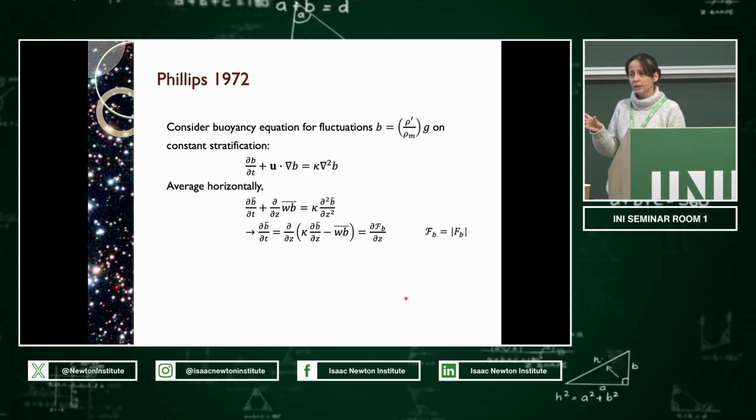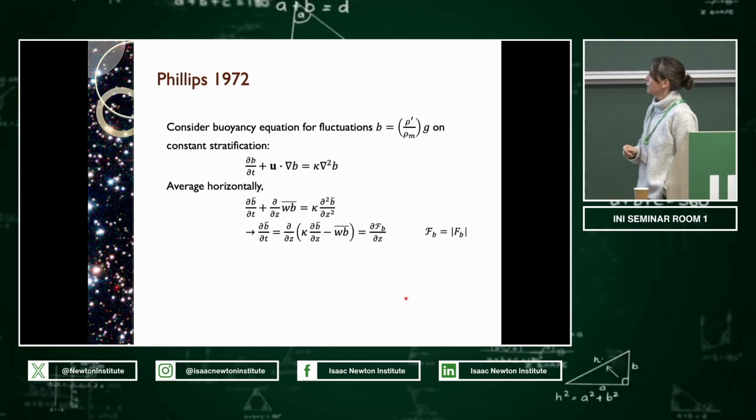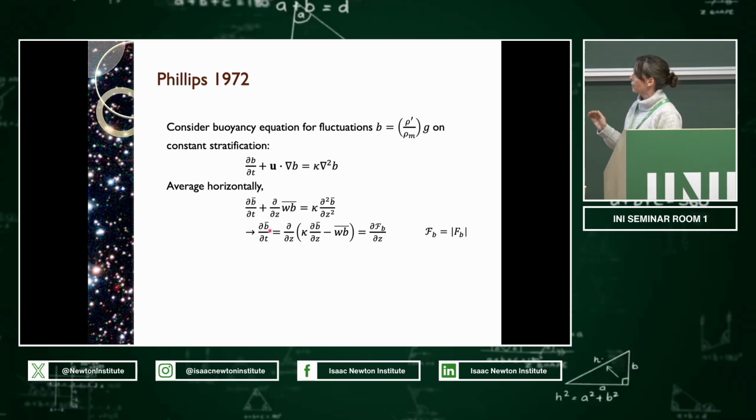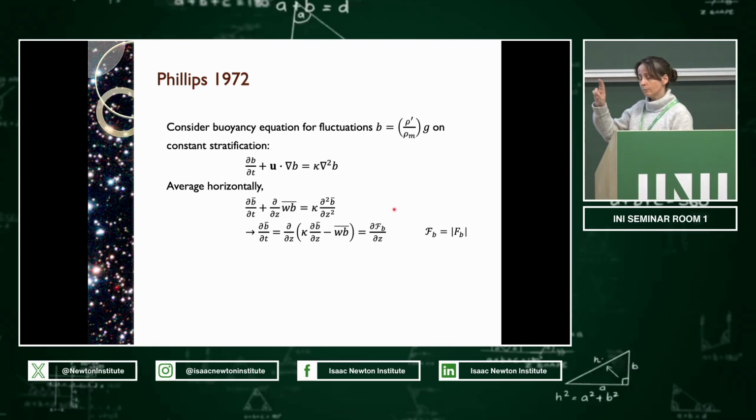If you average that equation horizontally, you get the standard average equation where you recognize the turbulent buoyancy flux as well as the diffusive buoyancy flux. Then you put everything on the right-hand side, and you find that the evolution of B bar, the horizontally averaged buoyancy, is just d/dz of the absolute value of the buoyancy flux, curly F_B.